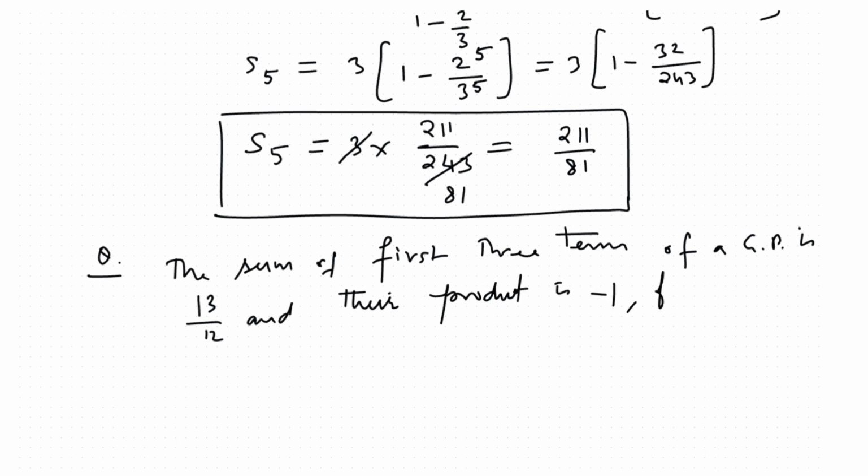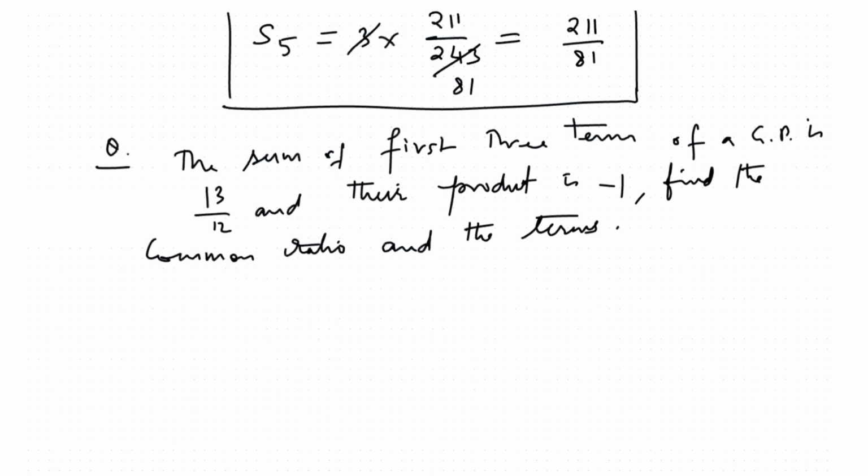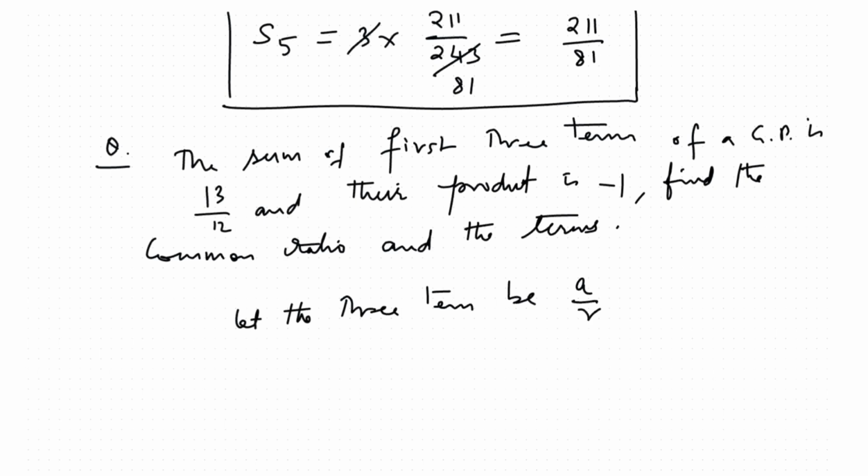Find the common ratio and the terms. Now, such questions are a little tricky, but here you have to remember if there are 3 terms, you have to say let the 3 terms be a upon r, a, ar as a standard. For 3 terms, you will use them as standard.